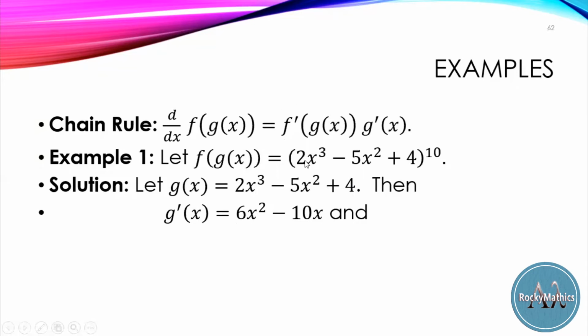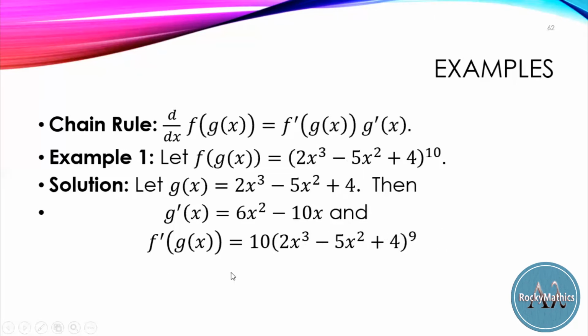And what is f prime of g of x? So f prime of g of x is actually the derivative of this. For the derivative of this, we consider the inside as one variable, for example. So we have a variable raised to 10, right? Then using the power rule, we come up with f prime of g of x, which is equal to 10 times the quantity 2x cubed minus 5x squared plus 4, raised to 10 minus 1, which is 9.